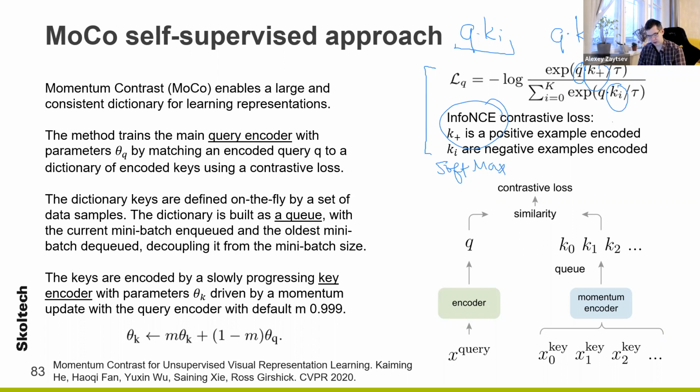For contrast, we see that we have a pretty standard approach to define the loss function. For momentum, we say that right now, for creating embeddings for these negative objects, we use a different encoder, which we call the key encoder. It has parameters theta k, and our main encoder, which we will use for inference in the final stage, is theta q.